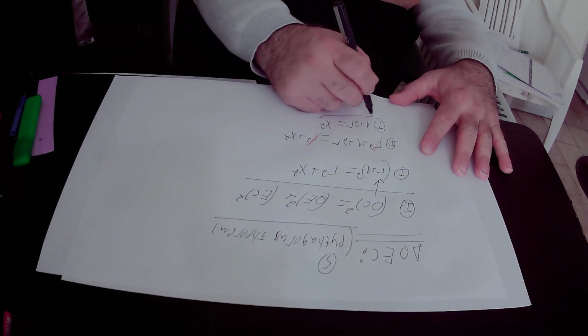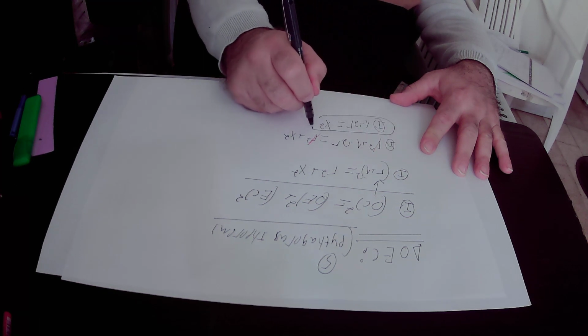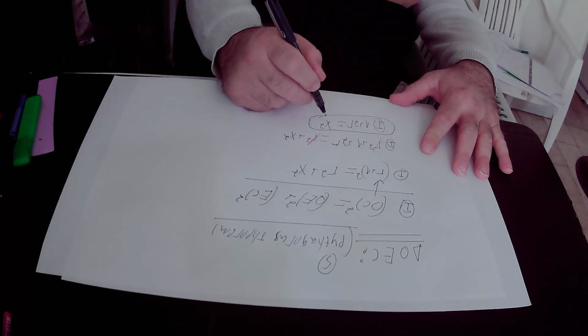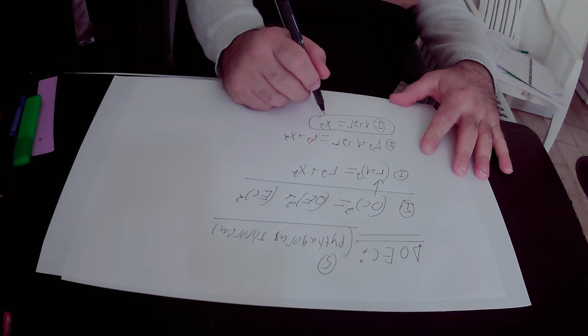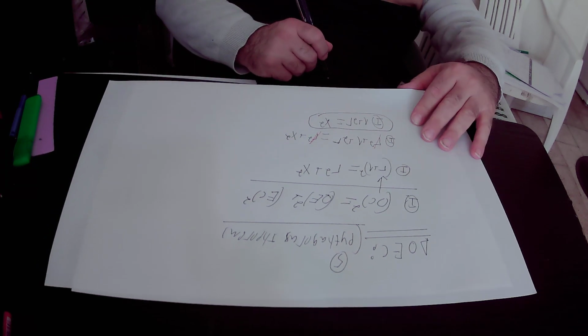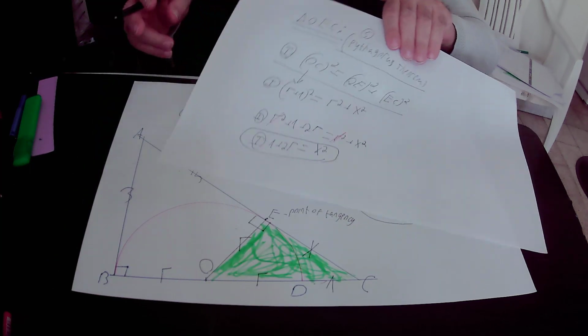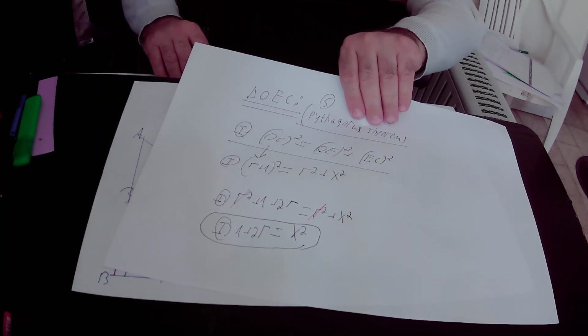So we found out that according to equation number 1, 1 plus 2R equals x squared. Okay? 1 plus 2R equals x squared.